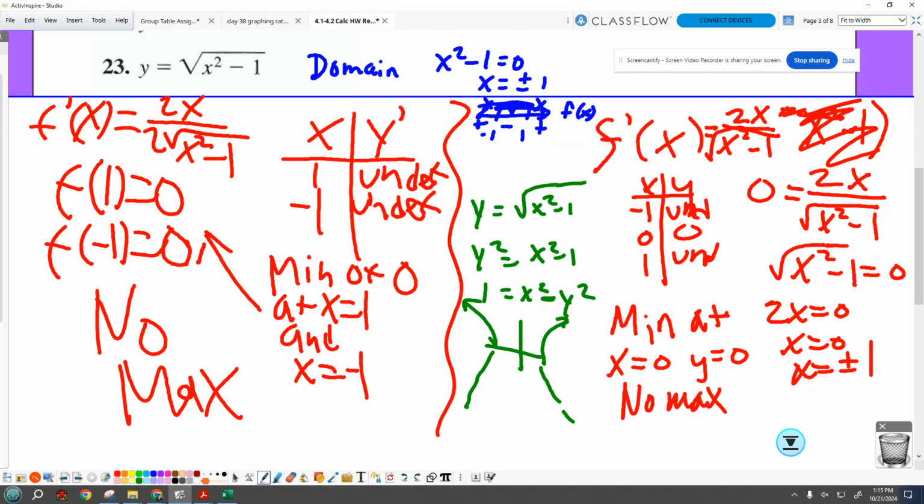All right, so our natural endpoints are 1 and -1, and then where are our critical points? Do the derivative: multiply by the power and lower the power, and then multiply by the derivative of the stuff inside. It's also undefined, or it's 0, at 0. So, testing the function.